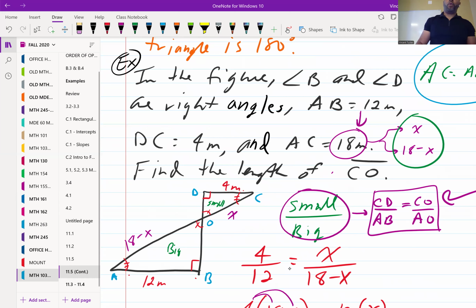So now I can set up my proportion. I'm going to take the small side of my triangle and place it over the big side of my triangle. DC and AB are corresponding sides. Those are the sides that have the right angle and the double slash for the angle measurement. And CO corresponds to AO.